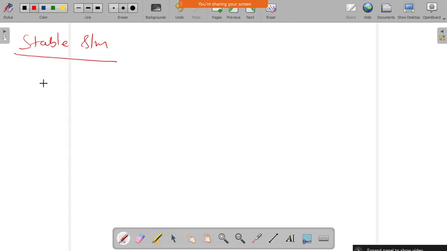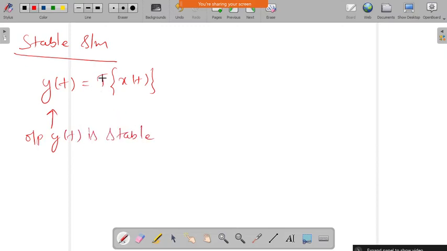Now if we have y of t equal to T of x of t, some operator or system T, and I want to say the system T is stable, then the magnitude of y of t should satisfy the condition that it is bounded by some value, say M y.